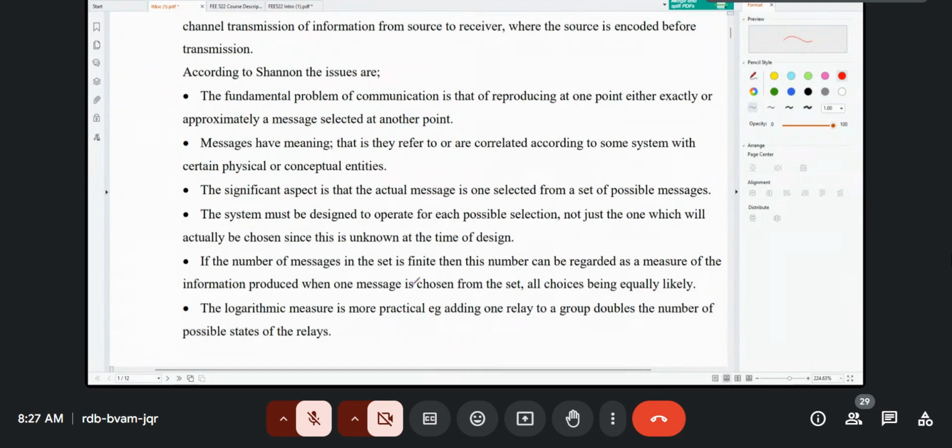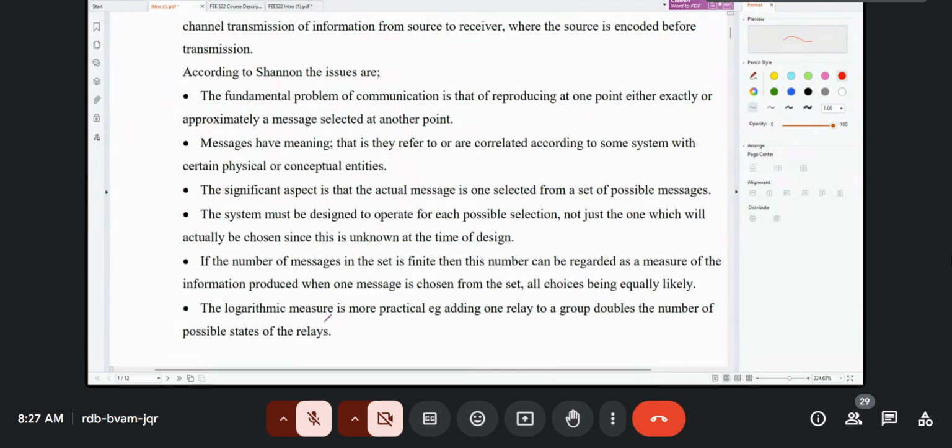So the message carried by those symbols actually depends on the probability of their occurrence in the text.